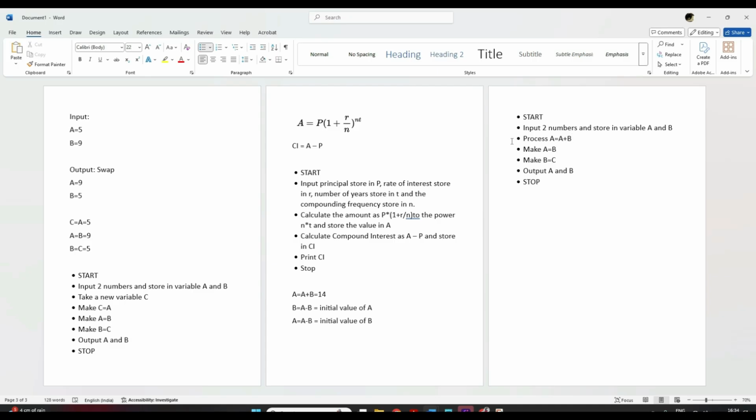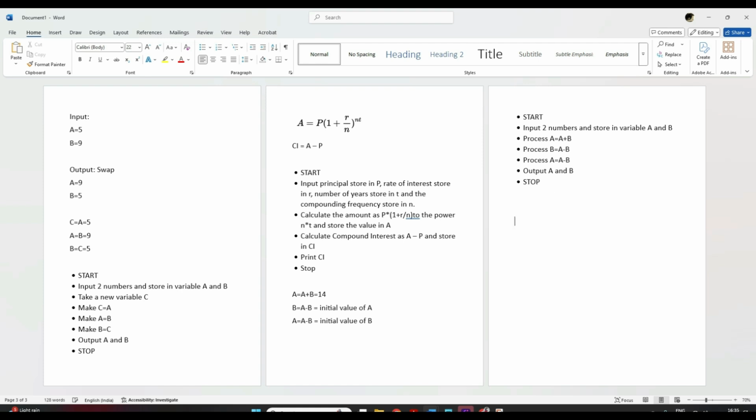Next step, again process: b is equal to a minus b. Third step, process: a is equal to a minus b. Output a and b, correct?